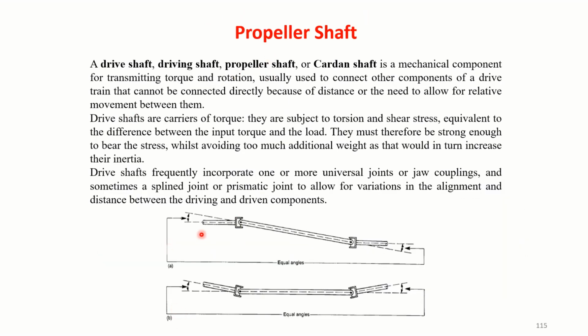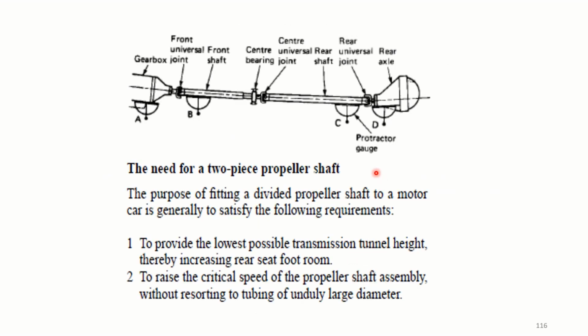Now the propeller shaft, you have seen that already. You have one universal joint and another universal joint, and this shaft we call the propeller shaft, drive shaft or driving shaft, or Cardan shaft, to transmit that motion at an angle. Again, you have a shaft here. In some vehicles, there will be two-piece propeller shafts.